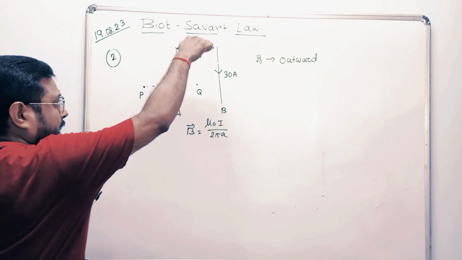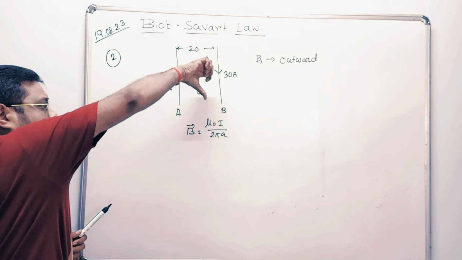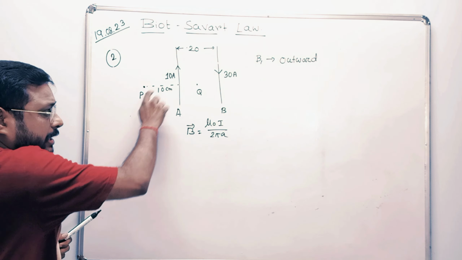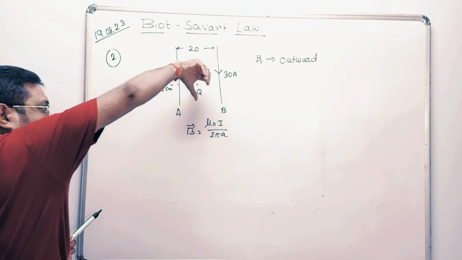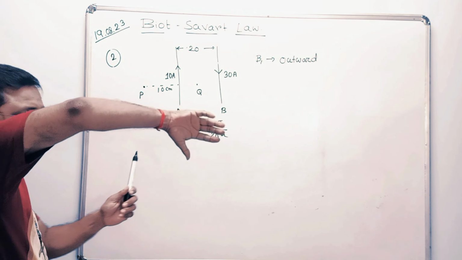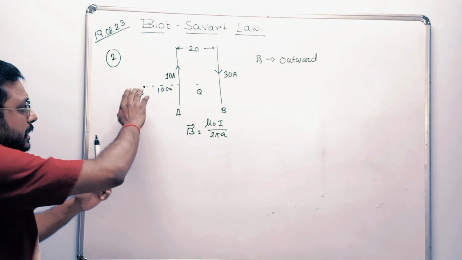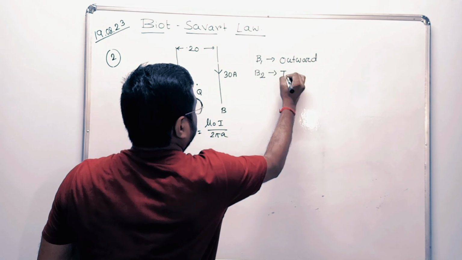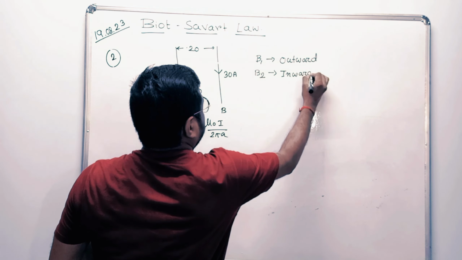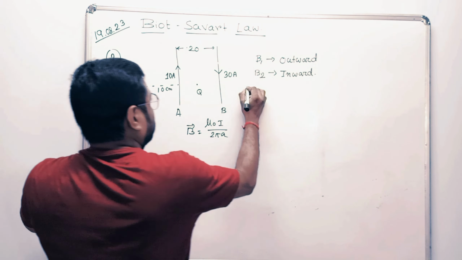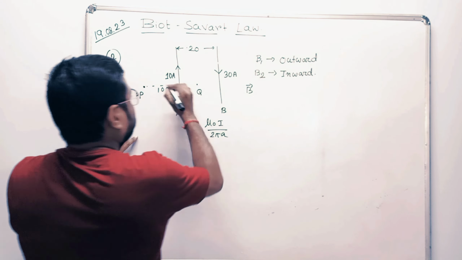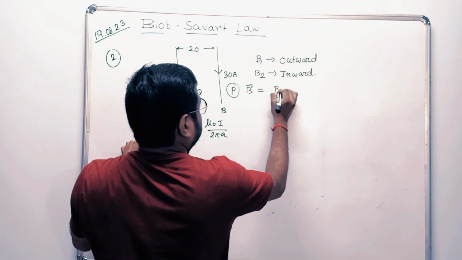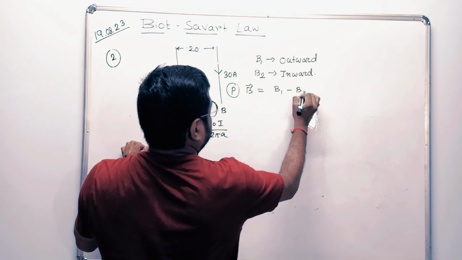But due to the current in B, the thumb is along downward, and if we curl our fingers at point P, the field is along the inward direction. We call it B2. B2 is inward. So the total magnetic field at point P is the resultant difference, B1 minus B2.